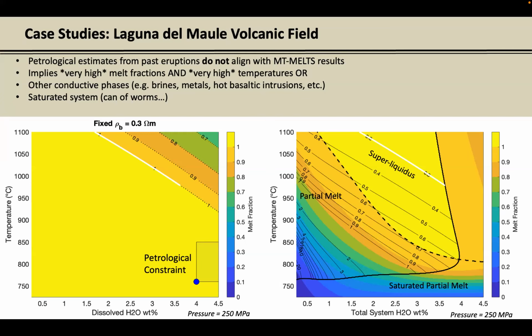Or this is a hint that there's actually some other conductive phases that you aren't accounting for, such as brines, like aqueous fluids, or metals, sulfides. I was very intrigued by Michelle's talk about the sulfides in the melt earlier, or maybe a hot basaltic intrusion, which is much more conductive. The other possibility is that you have a saturated system with 3 phases, which is a whole can of worms that I haven't even opened in this particular talk.